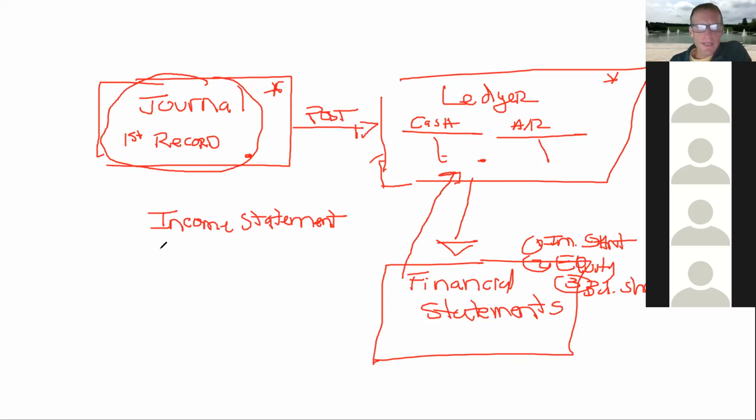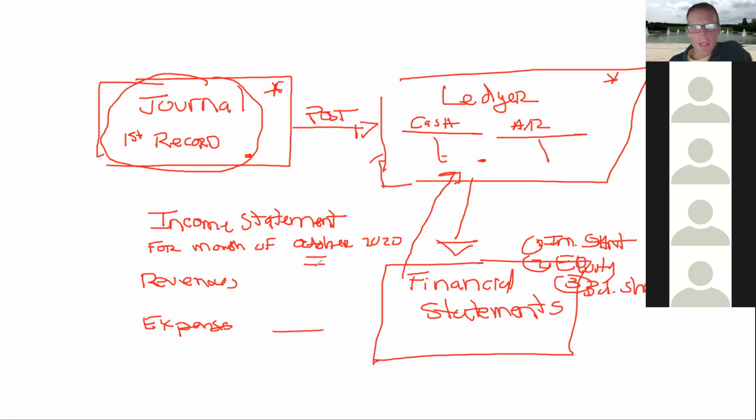So if we said income statement for the month of October 2020, that means something. That means that on an income statement, we would need to know the revenues and the expenses that were recorded or should have been recorded in the month of October.